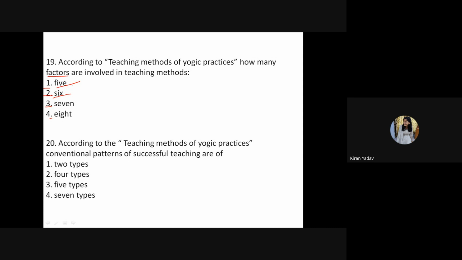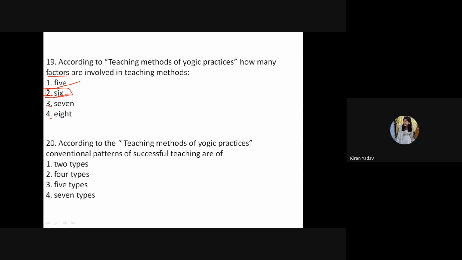It's very important. Ma'am, is it six? 6 is the correct option. Teaching, learning, teacher, learner, subject content of the activity, and environment, these are the 6 factors.